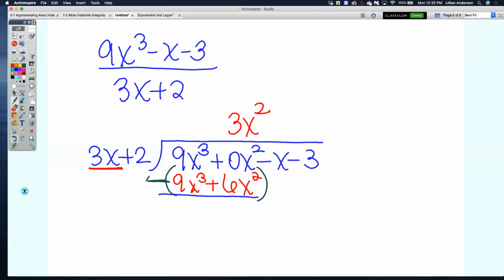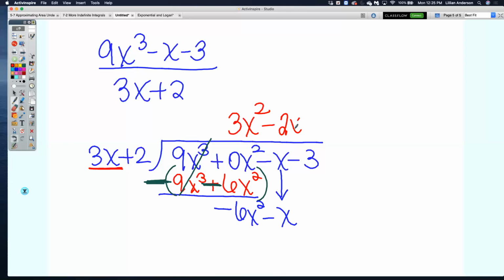When you subtract, this turns into a negative, and so does this one. Your 9x to the third cancels out with the other 9x to the third, and I'm left with a negative 6x squared, bringing down the next term. And we repeat the process. What times 3x gives me a negative 6x squared?